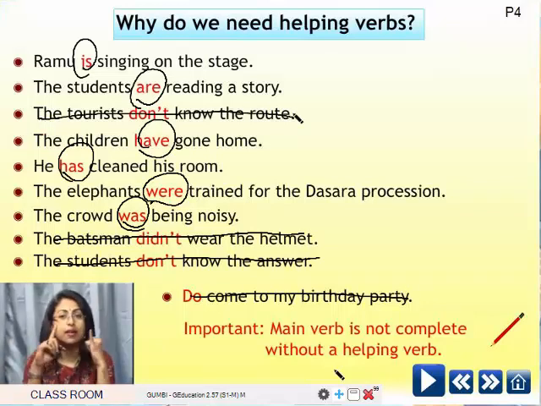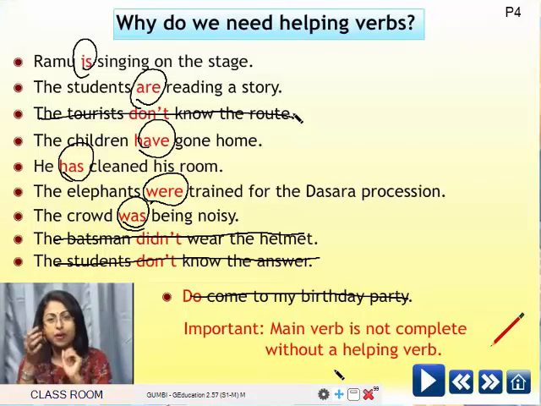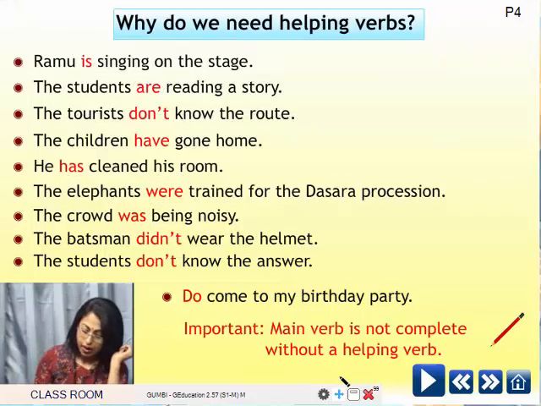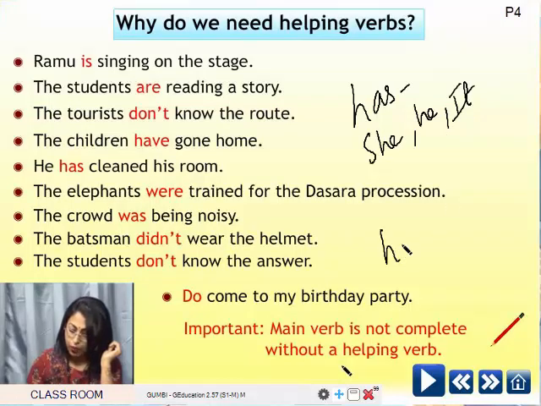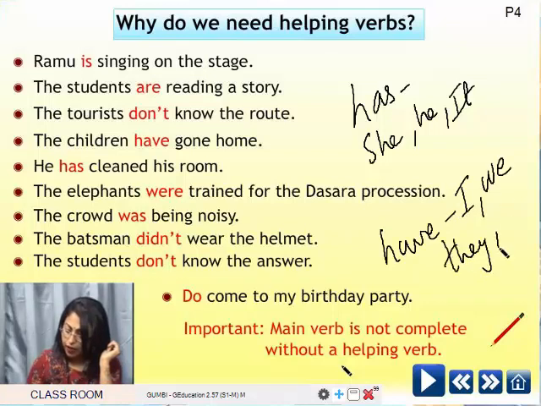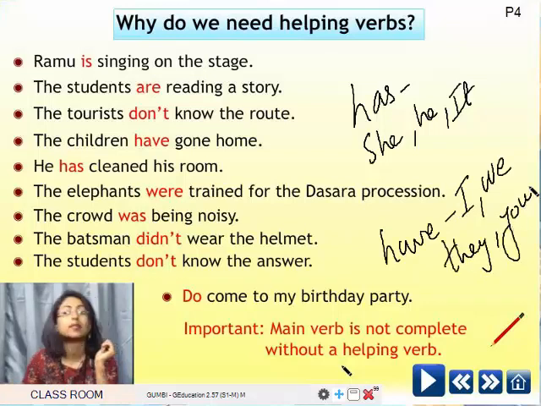So today's class we will be learning about is, are, am, was, were, has and have. Has and have is your present perfect. Now, she has, he has, it has. Have would be I have, we have, they have, you have.